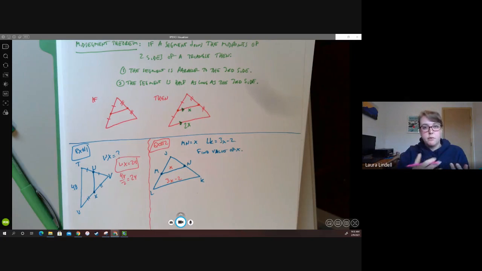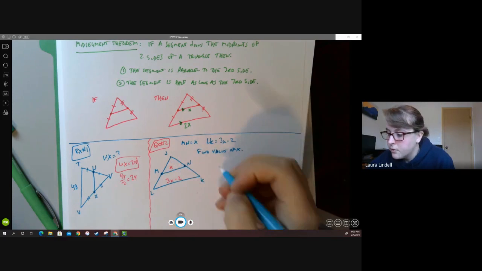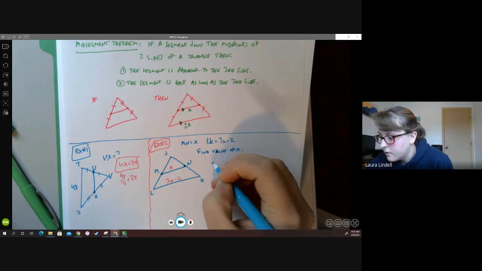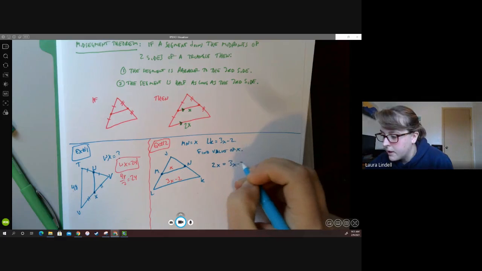You're just going to end up multiplying by 2 on both sides anyway if you set it up that way. So whichever way you would like to think of it is fine. But what I would do here is multiply this one by 2. So you get 2x equals 3x minus 2.